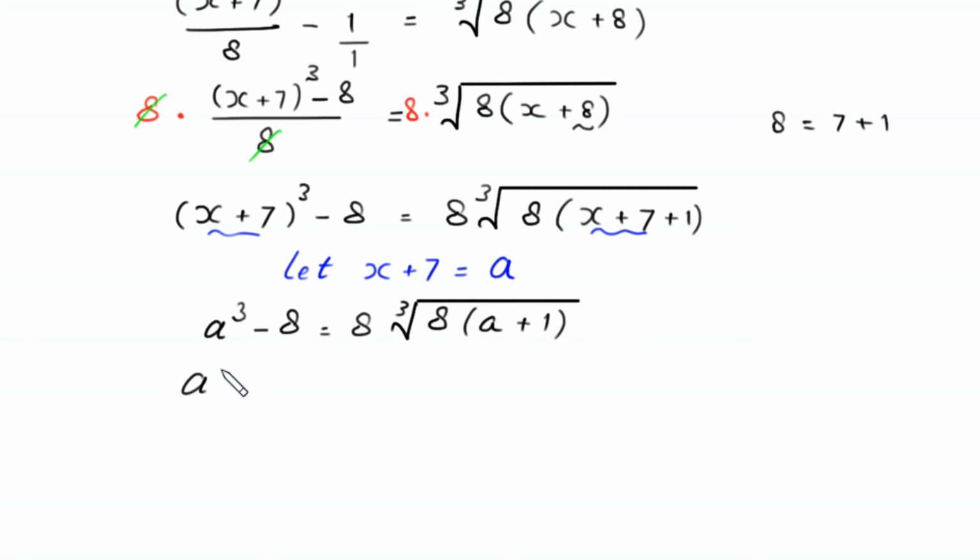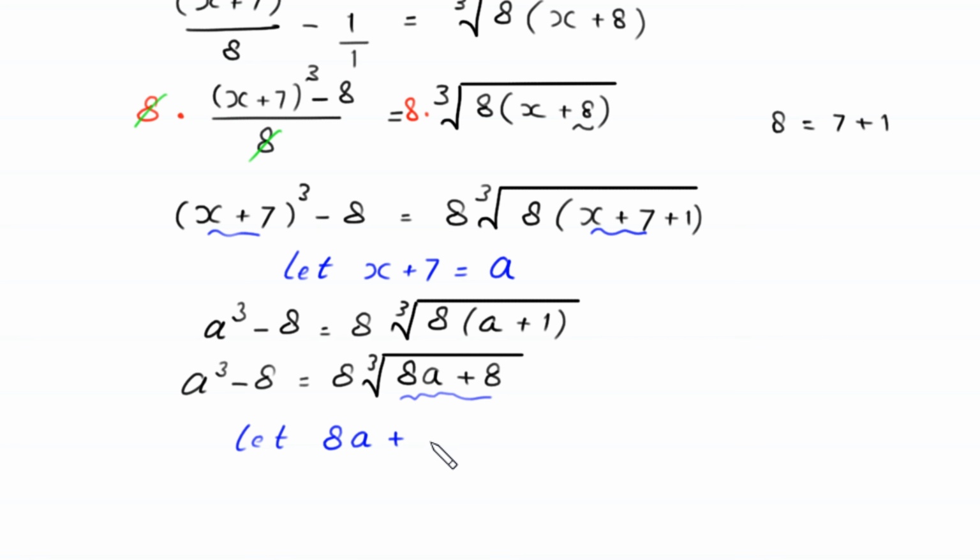Next, a cubed minus 8 is equal to 8 times cube root of this 8 times a, 8a, and 8 times plus 1, plus 8. Now suppose that this 8a plus 8 is equal to b cubed. Let 8a plus 8 is equal to b cubed.